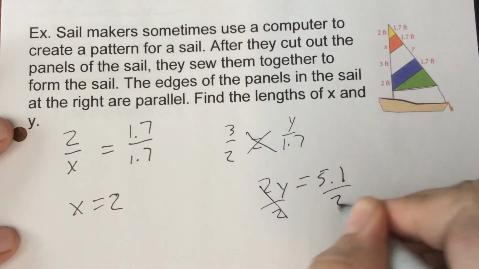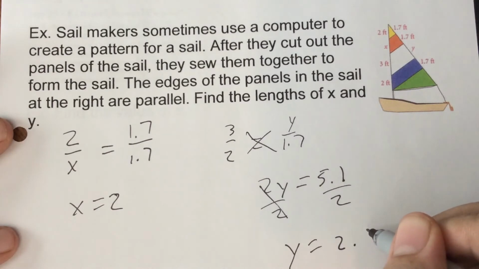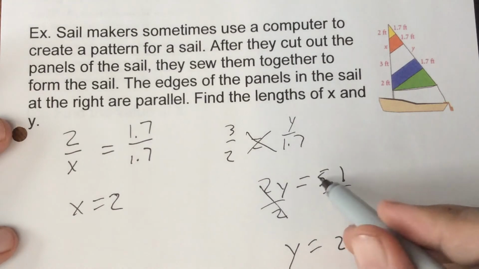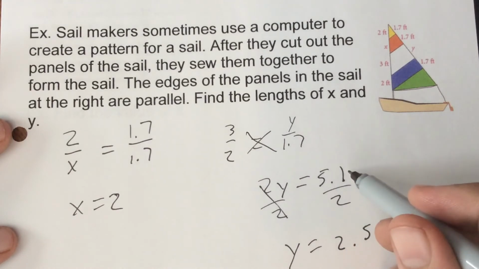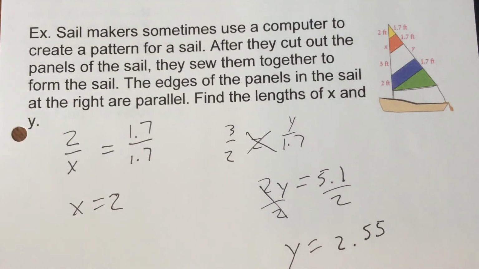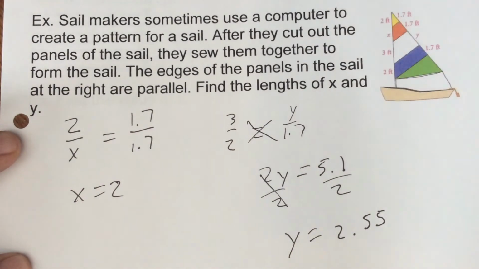Divided by 2, y would be 2.55. So find things that match up. Again, setting up that proportion is the main thing you have to worry about, so make sure you're getting it set up correctly.